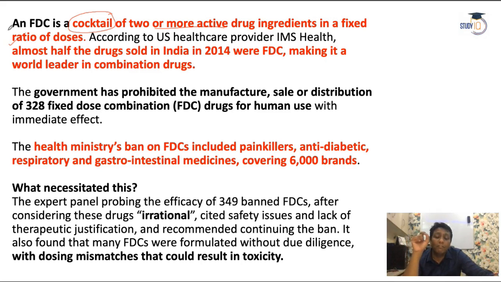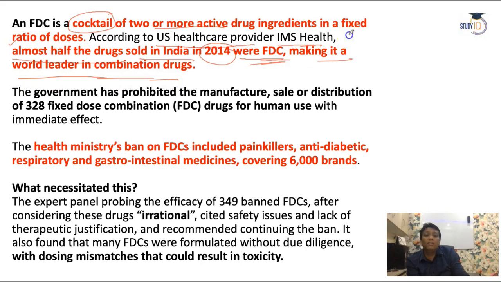Similarly, a fixed dose combination is a cocktail of various types of drugs. According to US healthcare data provided by IMS Health, almost half of the drugs sold in India in 2014 were FDCs, making it the world leader in combination drugs.